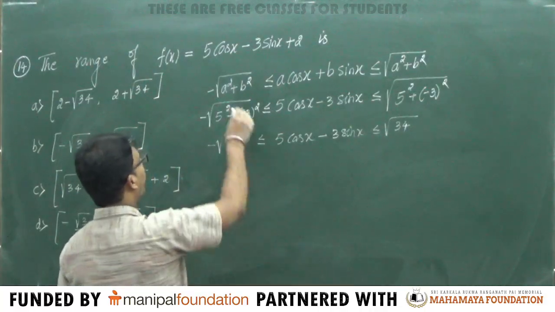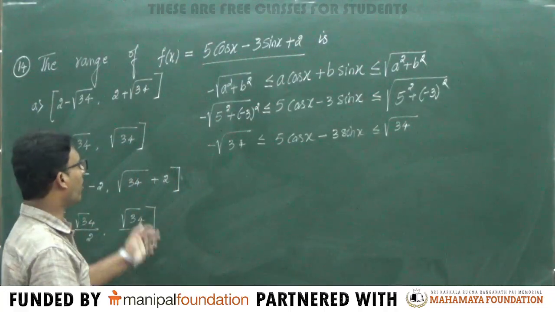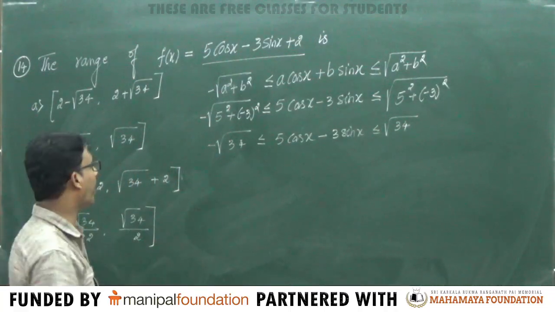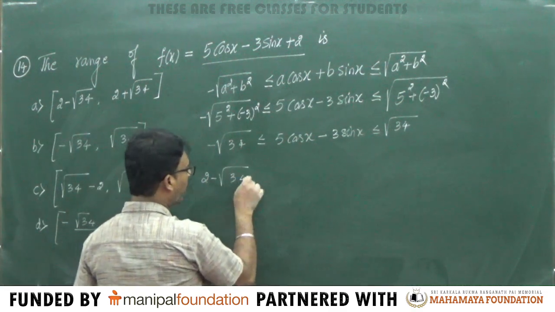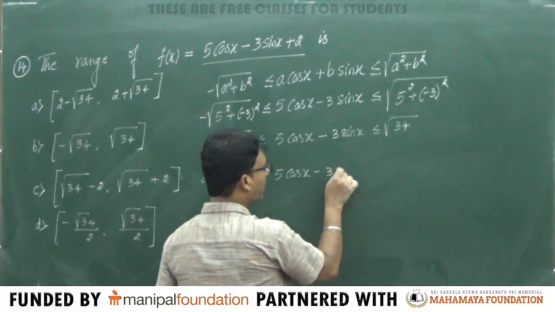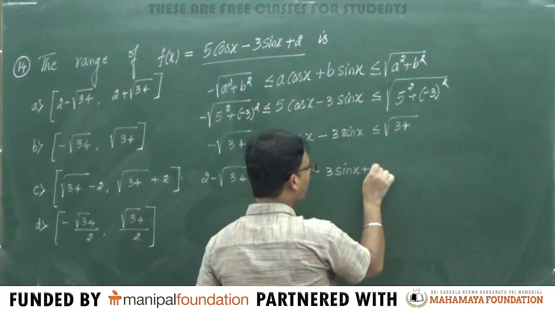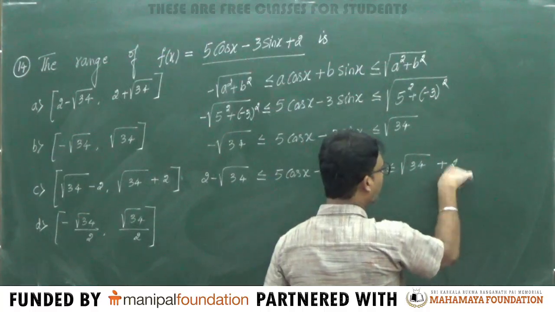But the given function contains the constant 2. Therefore, add the constant 2 to this inequality. We will get 2 minus square root of 34 less than or equal to 5 cos x minus 3 sin x plus 2 less than or equal to square root of 34 plus 2.